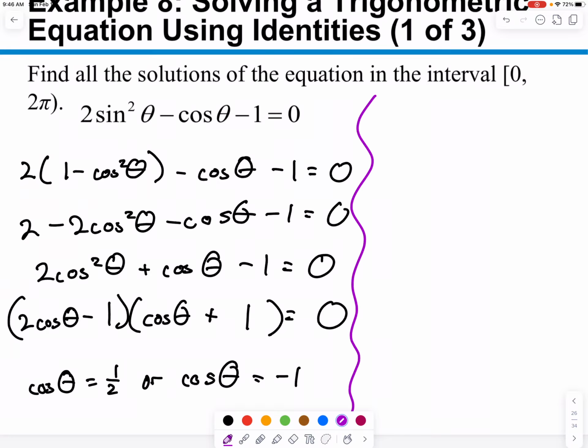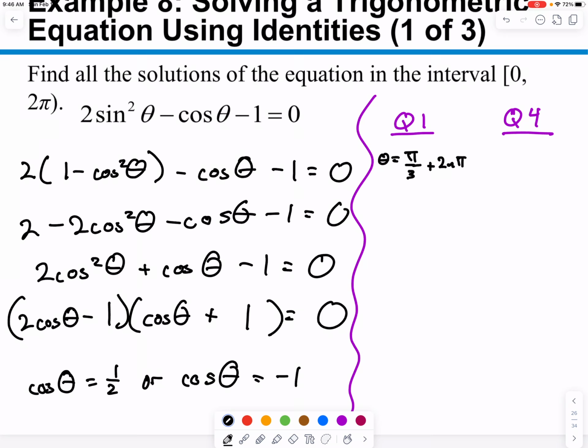Again, we should have a quadrant 1 and a quadrant 4 solution. So the quadrant 1 is what? Pi over 3. So then we say theta equals pi over 3, and it repeats every 2n pi radians.